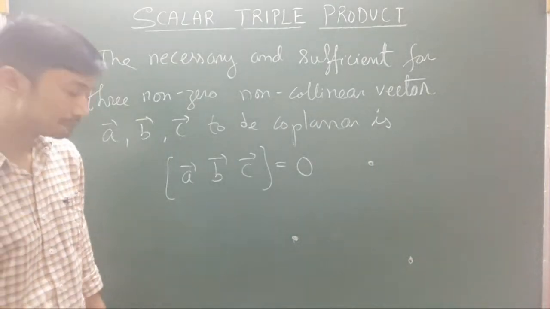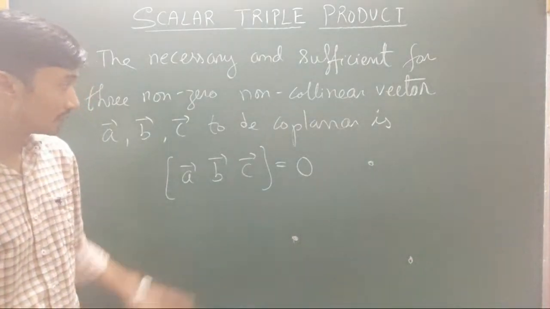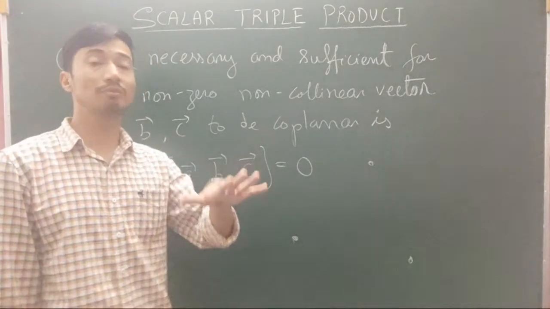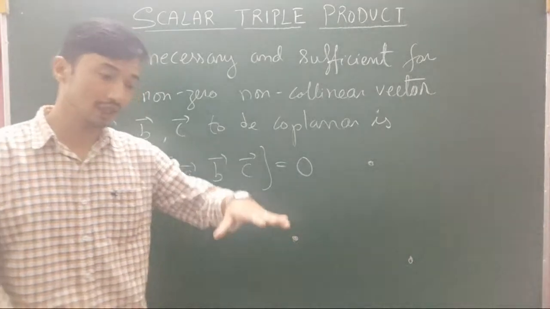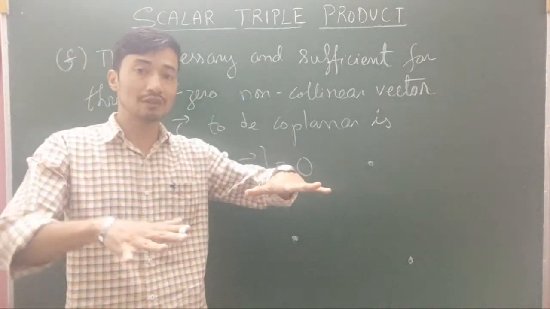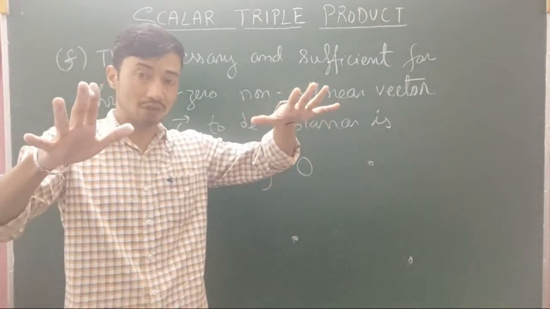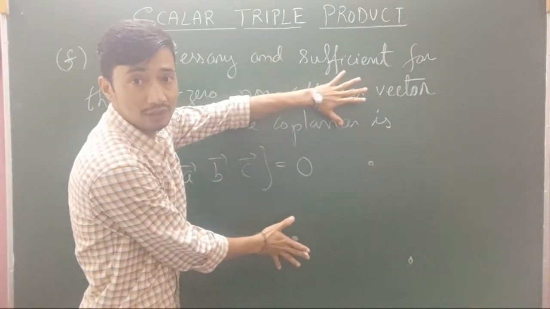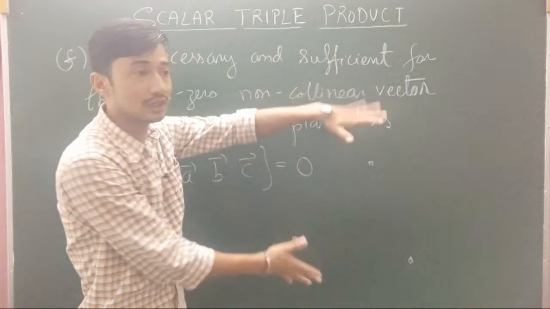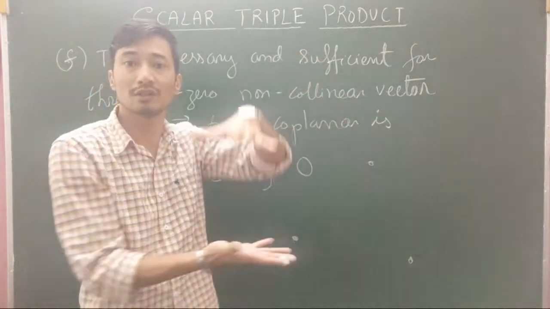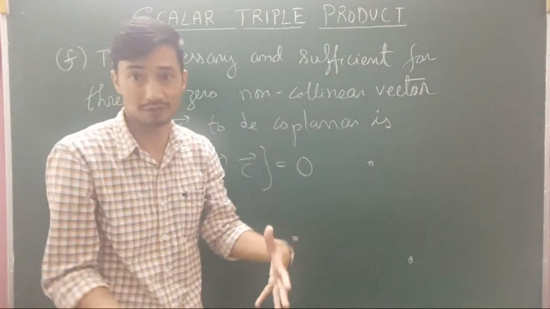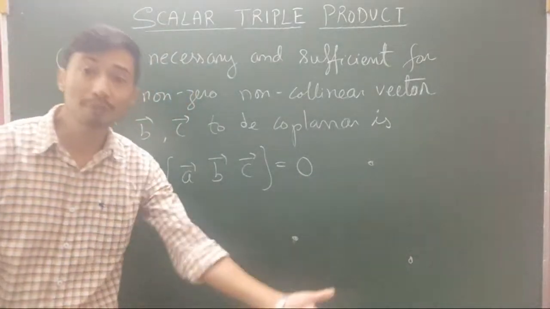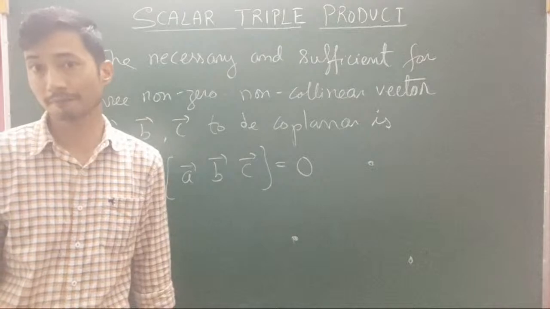That means if the 3 vectors given to us are coplanar, then the volume of the parallelepiped will be 0, because if they are all lying on the same plane, they will all fall flat on one plane. So in that case, we cannot have a 3-dimensional parallelepiped, isn't it? Not possible, right? So the volume of the parallelepiped is also 0. Got it?